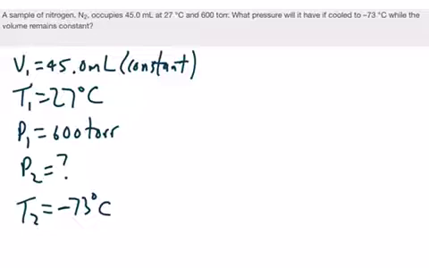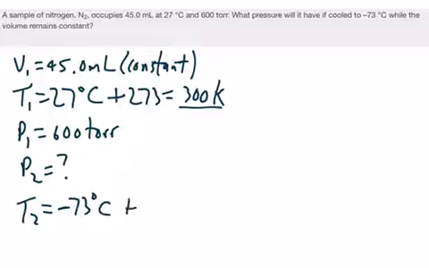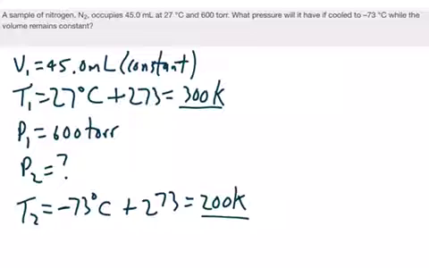Now again, one of the things I recommend is change your temperatures if they're in Celsius to Kelvin. Okay, so we got 300 there, and this is negative 73, so when you add that, it's going to come out to 200 Kelvin, so we did that. And if you remember, the formula is P1 over T1 equals P2 over T2.